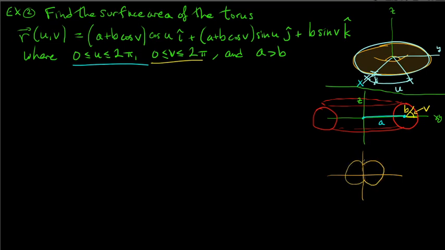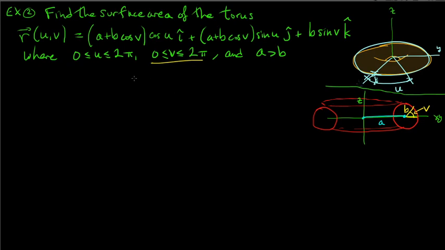So you get a little pinch in the middle here, but it doesn't become a complete hole. So that's what would happen if a was less than b. And so we don't want that here. We want, if not a hole, then at least a tiny hole, or just where they come together here.